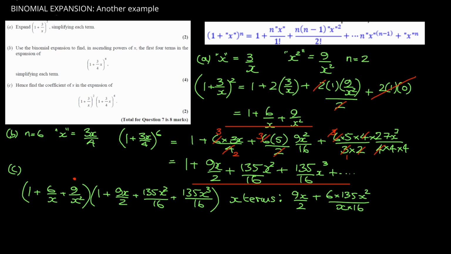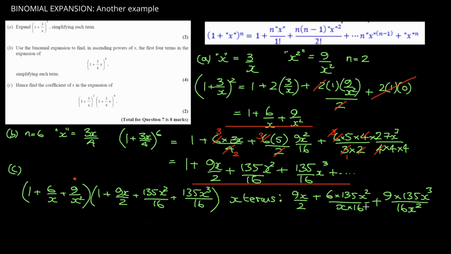Now this term, no, that's going to generate an over x squared. That's going to generate an over x. That's going to generate a number. And this will generate one of our terms. And this is going to generate 9 times 135 x cubed on the top, on the bottom 16x squared.